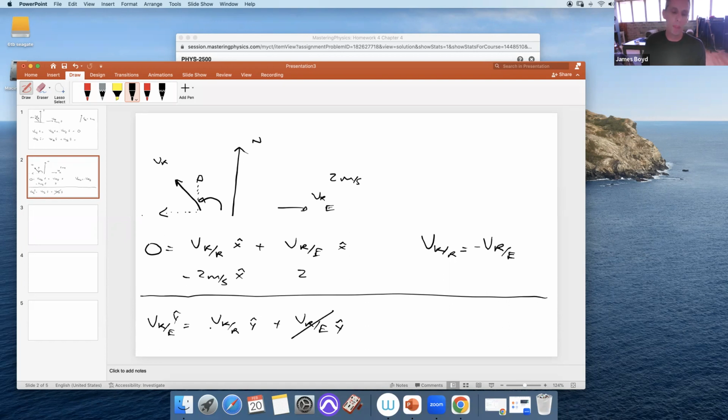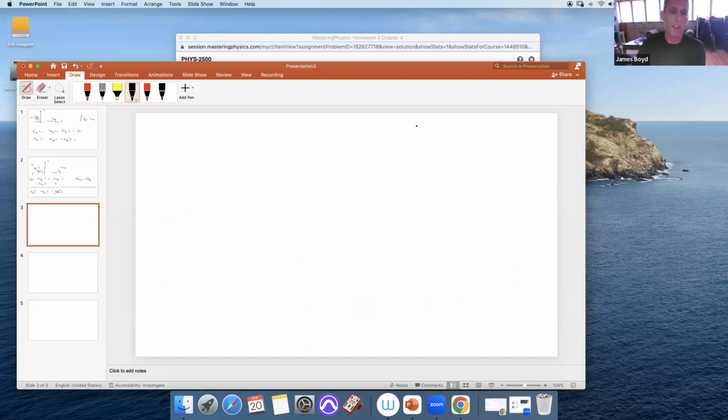So the y will just be whatever the y is. Now we need to think about a little bit of what we know: the kayaker versus the river is going to be -2 meters per second in the x-hat direction.